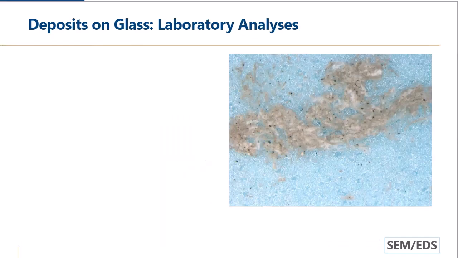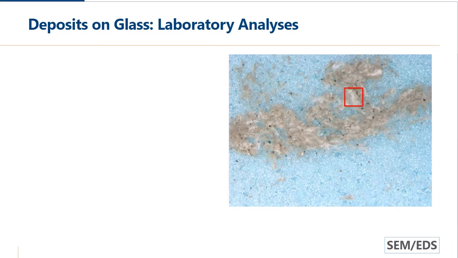So one of the ways that we find it easy to look at deposits, and it depends, sometimes it's better to look at it directly on the specimen. Sometimes it's useful to remove it. So in this case, we took the scrapings from the site visit, and here's a photograph of the scrapings. And you can see there's some brownish colored dirt, some black spots, but also these white fluffy materials that look like the white stuff we saw in the micrograph.